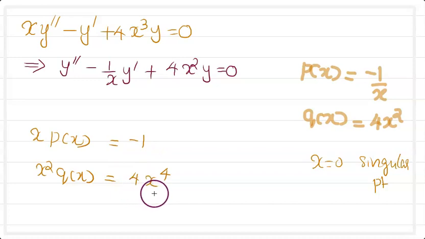Now, 4x⁴ is a polynomial in x, and it is also differentiable around the origin. So, these two, that is x into p of x and x² into q of x, are analytic at the origin. Hence, x equal to 0 is a regular singular point.